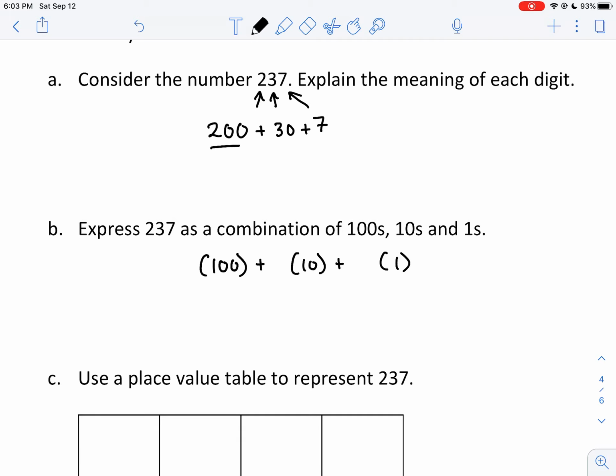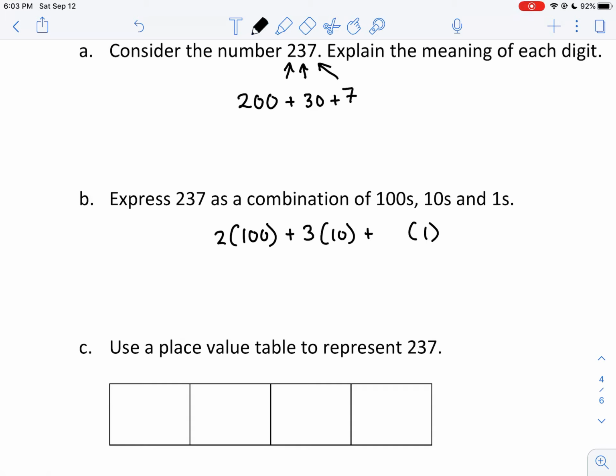Well, the 200 means you have literally 2 hundreds. The 30, when you spell it out, thirty, the T is for 10, and the beginning of it is related to 3, so this means 3 tens. 20 means 2 tens. 70 means 7 tens, etc. You get the idea?